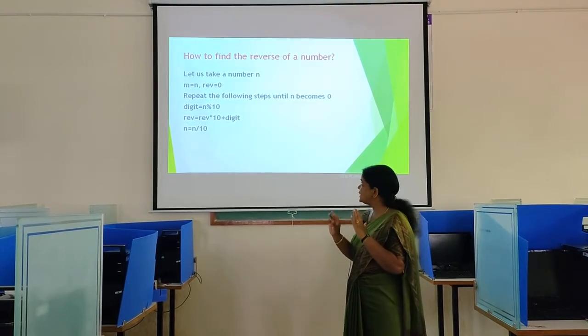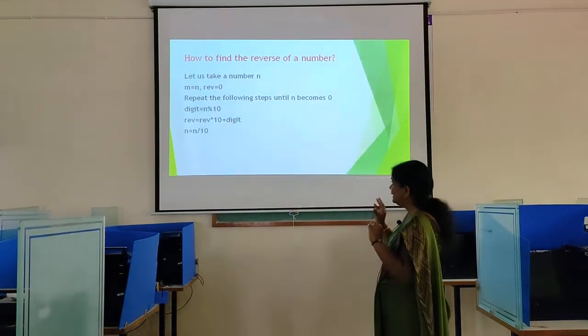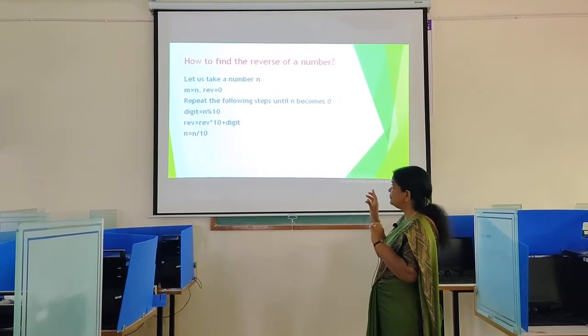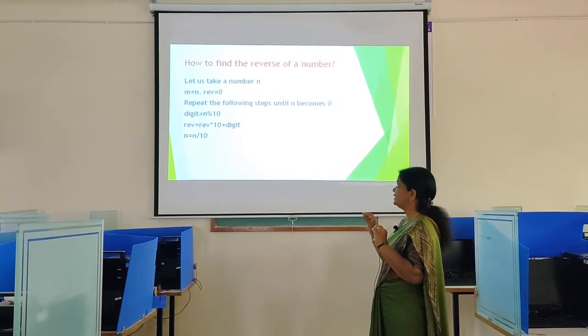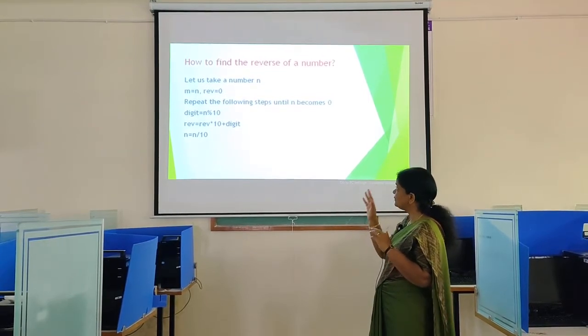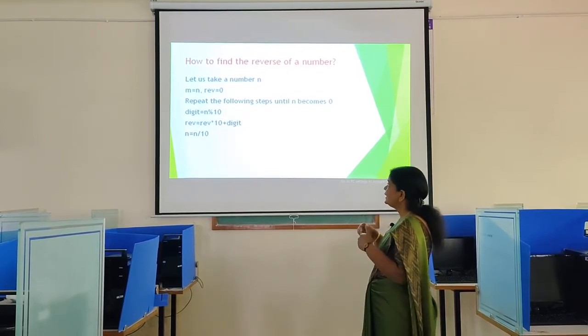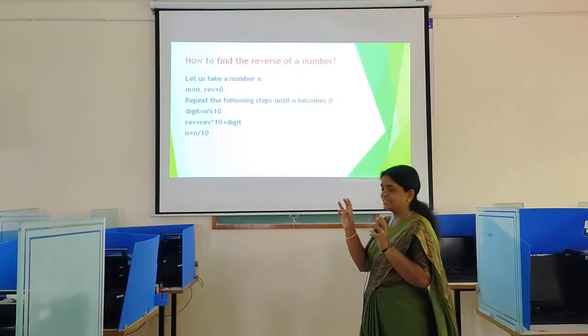So we will use the arithmetic operator modulo division, which gives you the remainder. Then we'll divide the number by 10. Before that we'll do some initialization: I will save the given number into m, and reverse is initially 0.